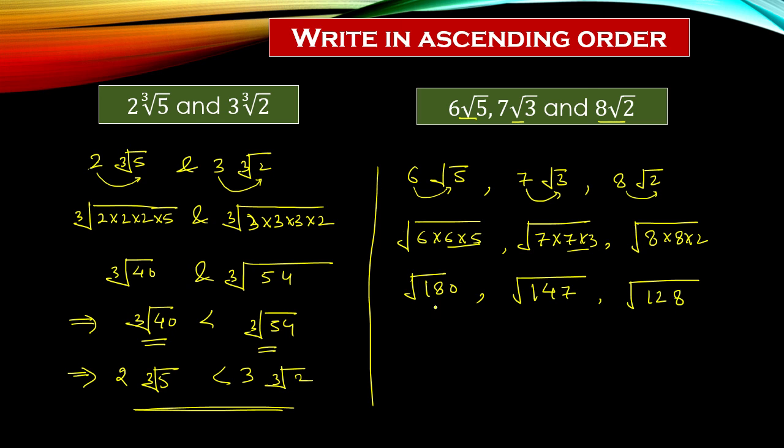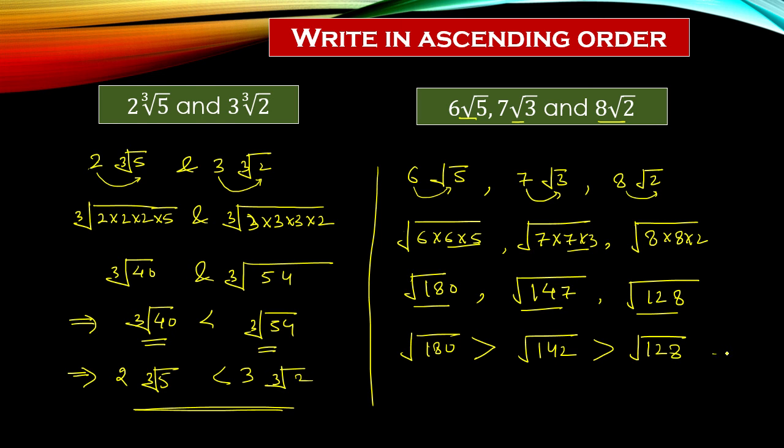So we have the square root of 180, the square root of 147, and the square root of 128. Of all three, the square root of 180 is the largest number, then the square root of 147 is the second largest, and finally the smallest number is the square root of 128.